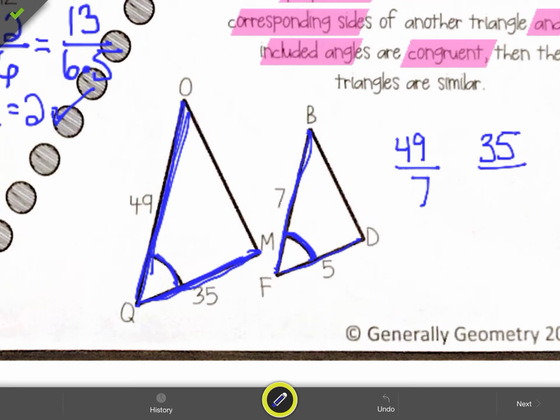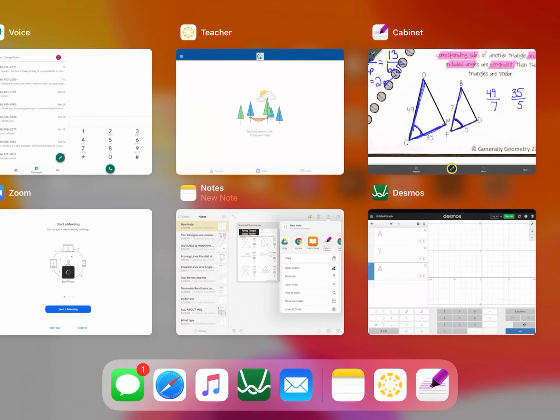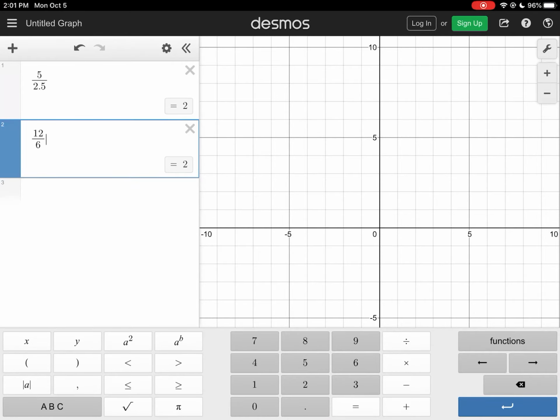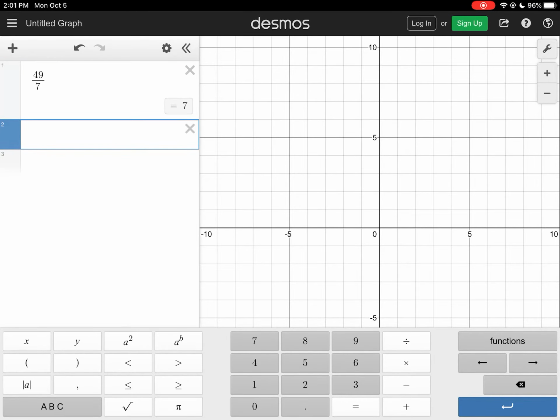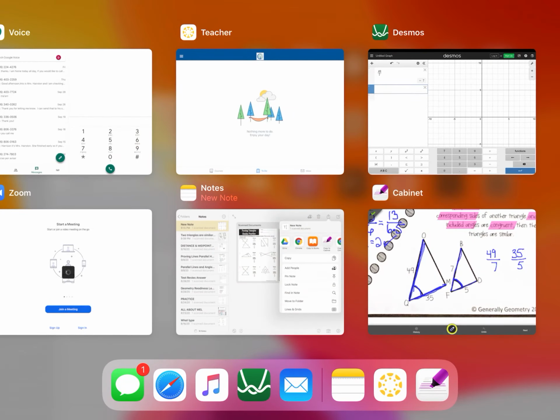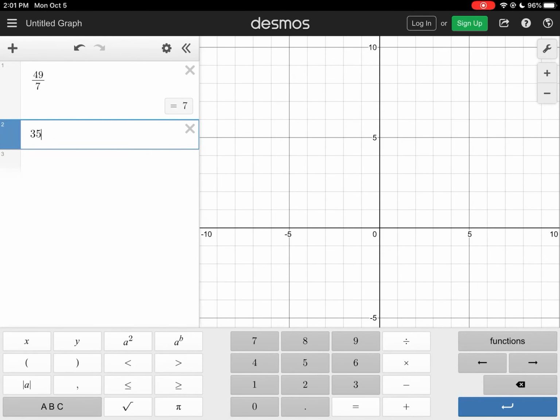So I'm going to do 35, and that would match up or correspond with 5 in the smaller triangle. Again, if you're not good at math, sometimes you won't see it, but the first one was 49 over 7. Okay. The second one is 35 over 5.